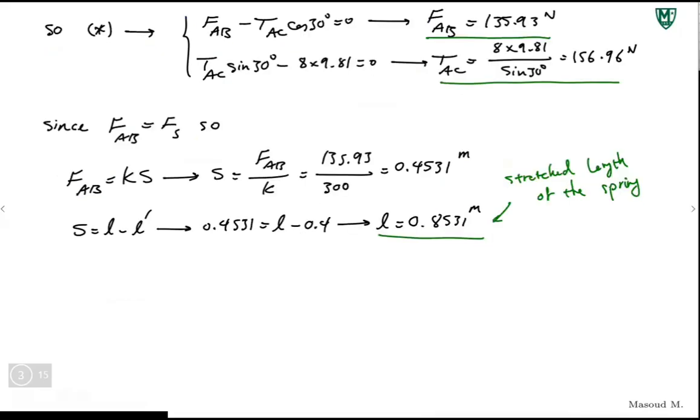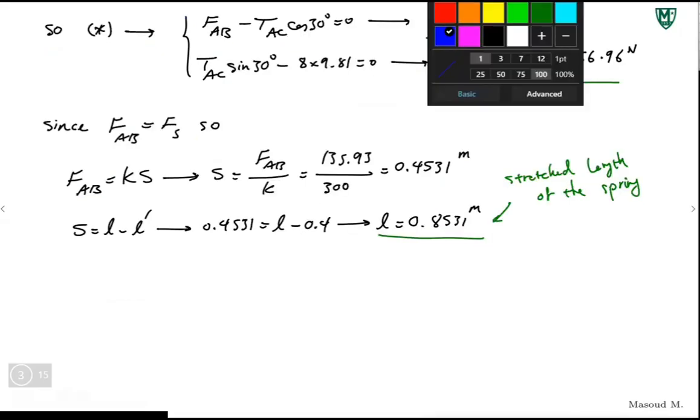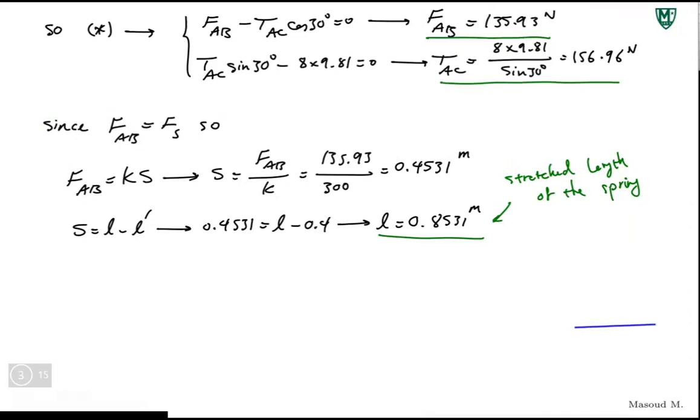Here is what I'm trying to do. If I draw it here, this is AB. Draw everything here. This is C, this is A, and this is B. This angle is 30 degrees. So the stretched length of the spring, which is the current length, is this length. This is L that I found, 0.8531 meters.